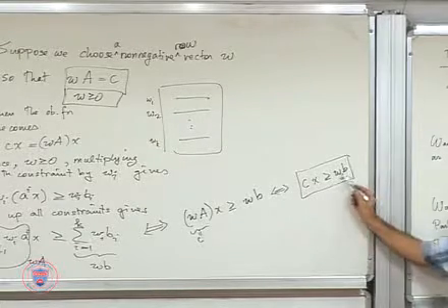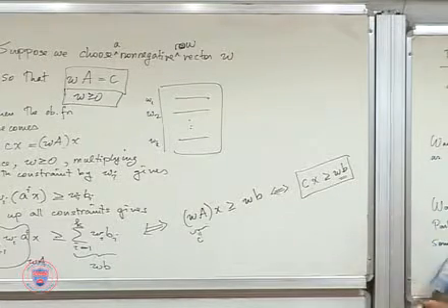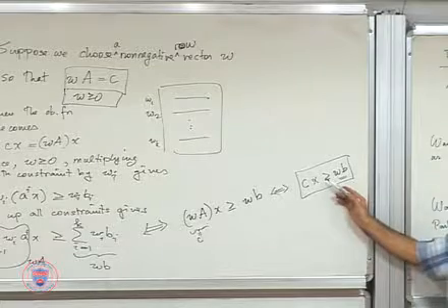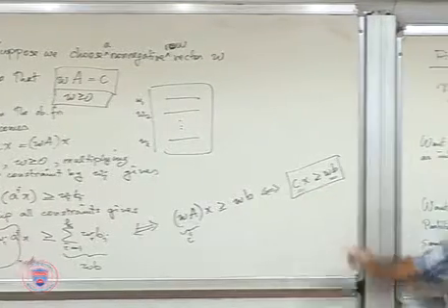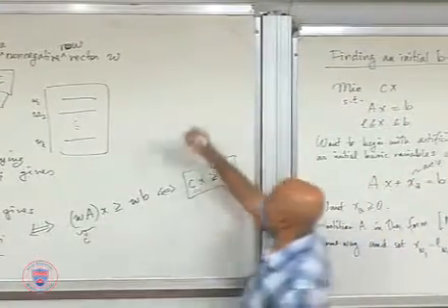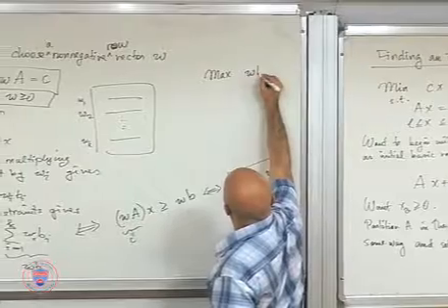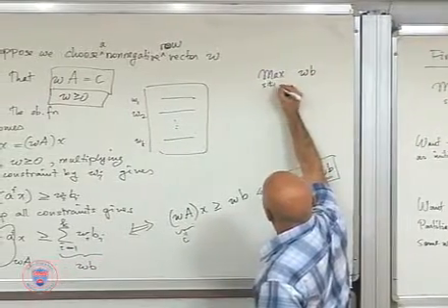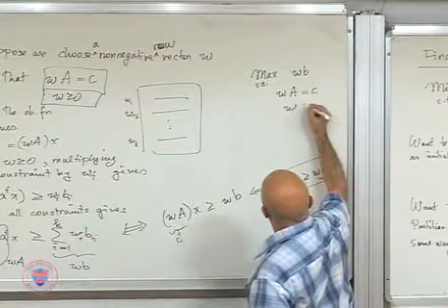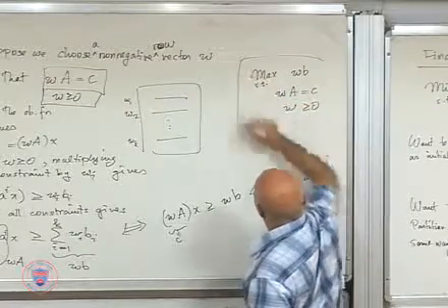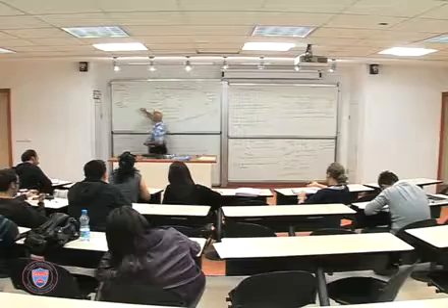So, what am I trying to do? I'm trying to push this number upwards to get the most meaningful bound for the objective value of the minimization. For that reason, you're trying to maximize Wb by making sure that WA equals C and W is non-negative. That's your dual for the problem here.